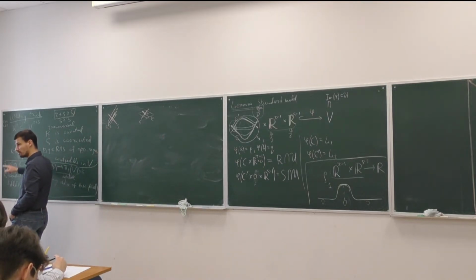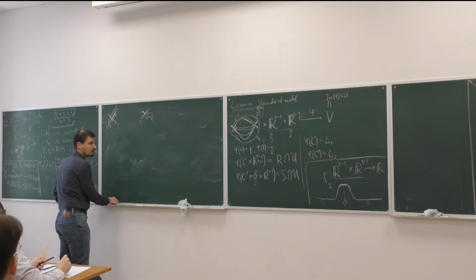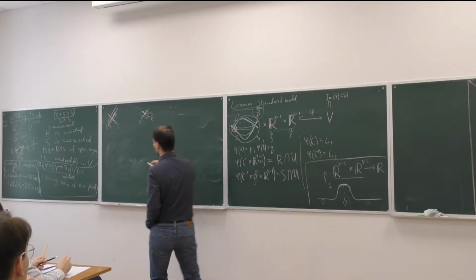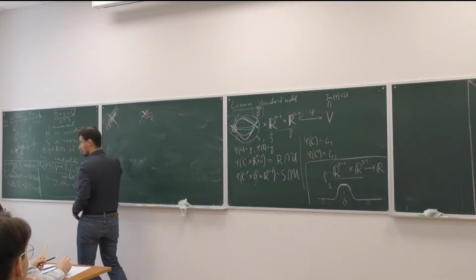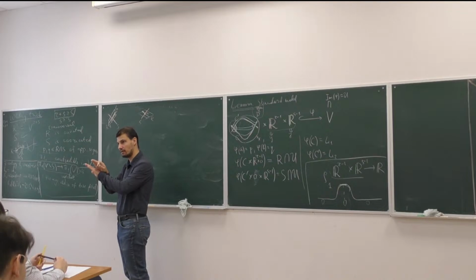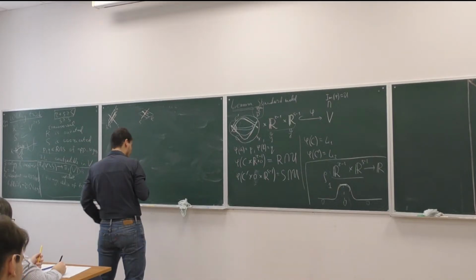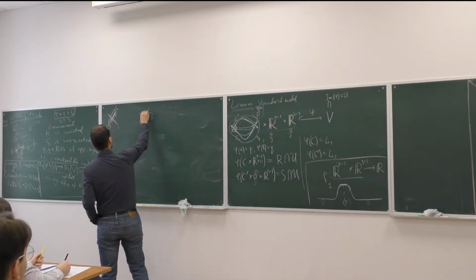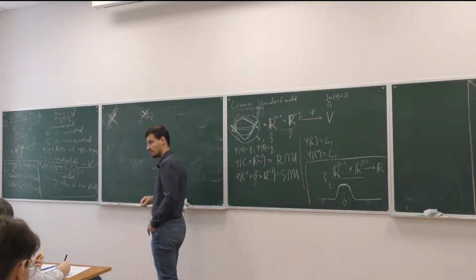And there is no problem to map a standard neighborhood here to a standard neighborhood here, just in a standard way. Well, and map a standard neighborhood here to a standard neighborhood there, again in a standard way.